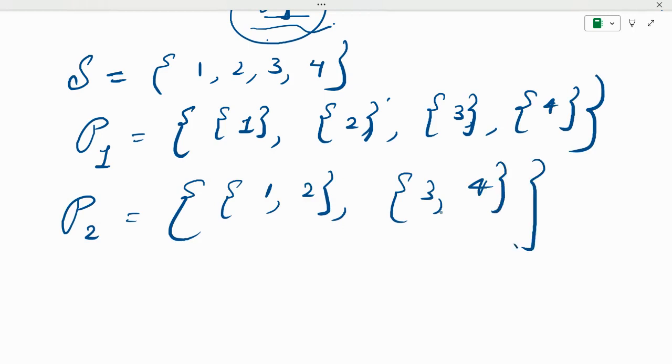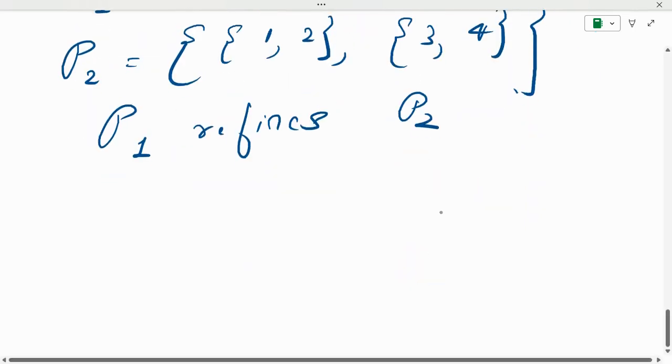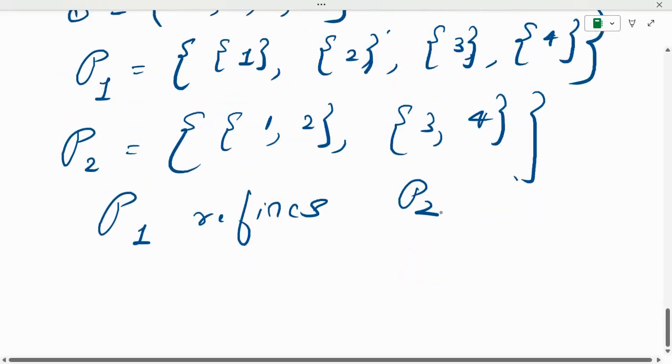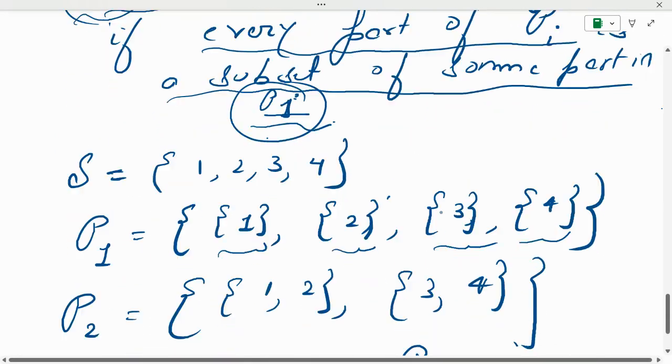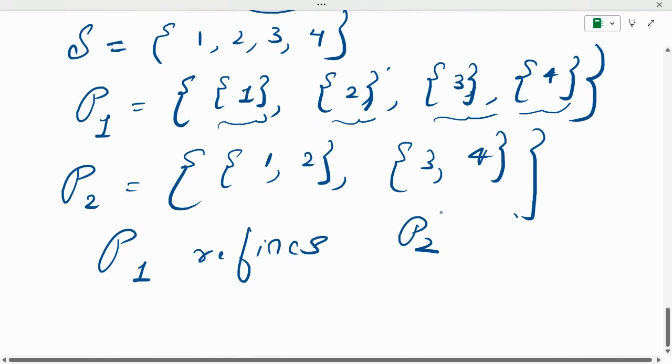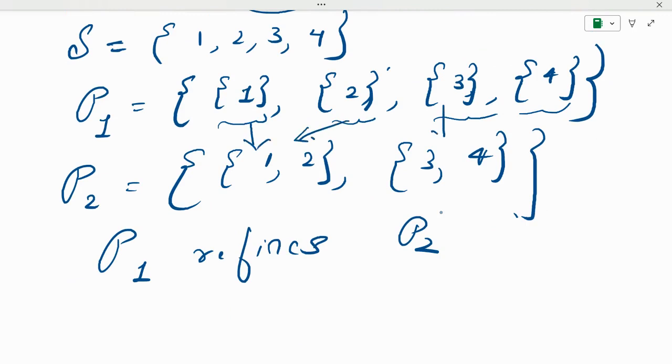We will say that P1 refines P2 if each of the P1 elements can be obtained from some part of P2. So {1} can be obtained from {1, 2}, {2} from {1, 2}, {3} from {3, 4}, and {4} from {3, 4}, right? So we can say that P1 refines P2.